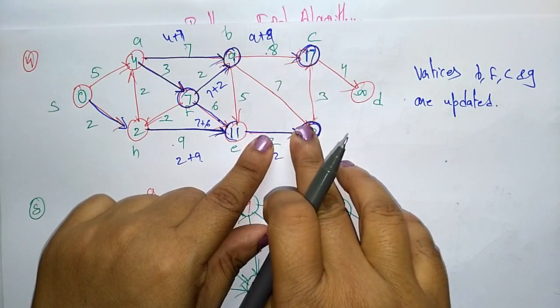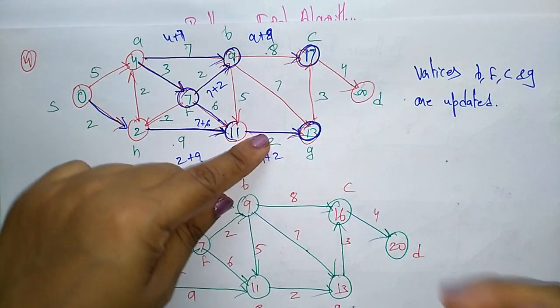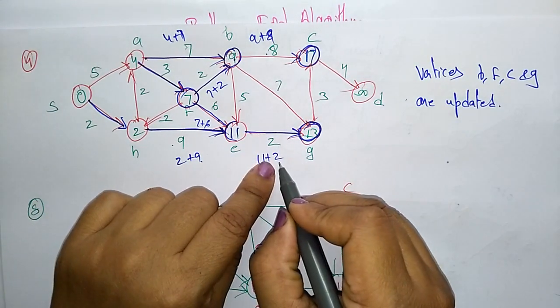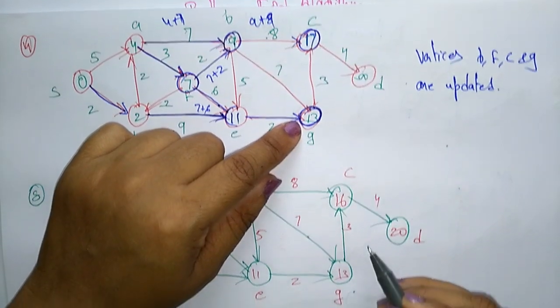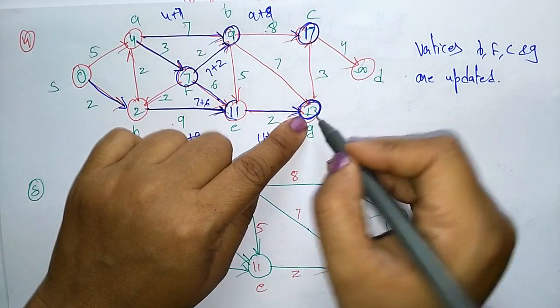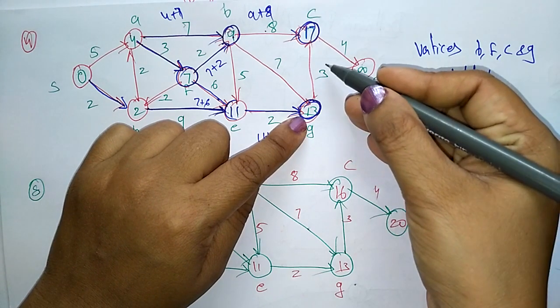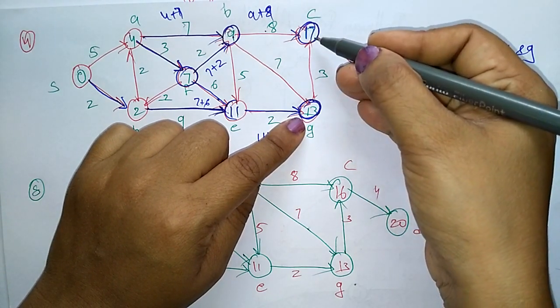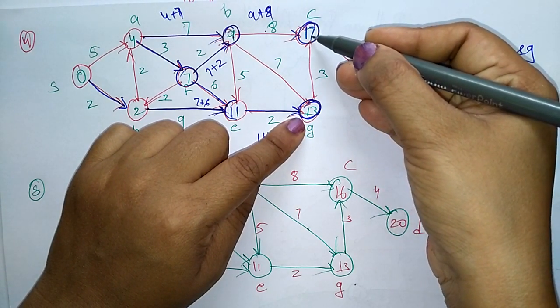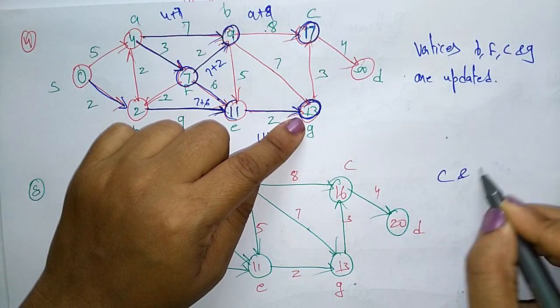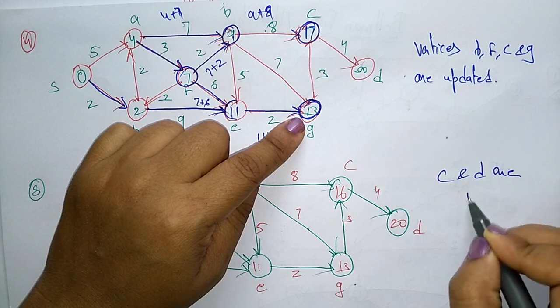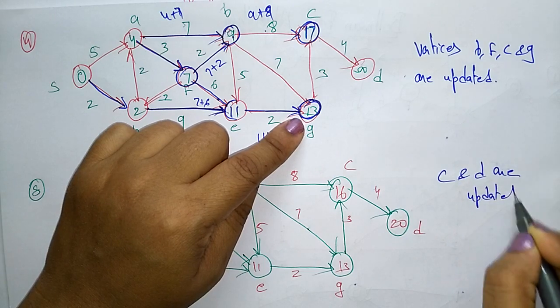If a path is not satisfying, you just discard that path. So here 11 plus 2 is 13, this is satisfied. Now I'm checking 13 plus 3, it has to be 16. So in the last step, the C and D vertices are updated with the new values.